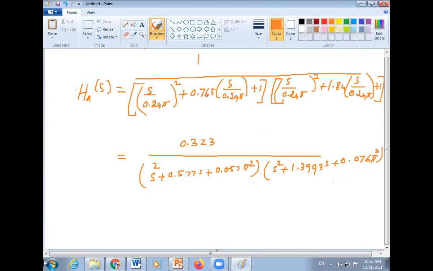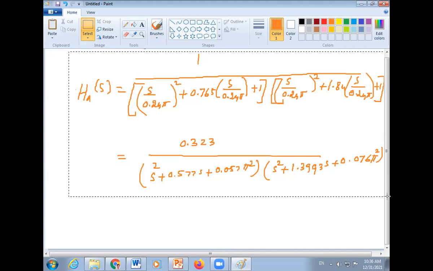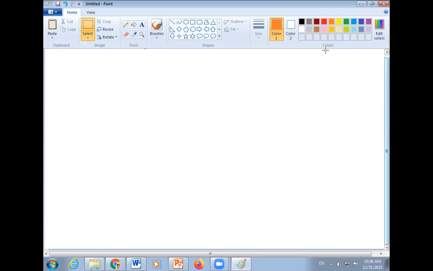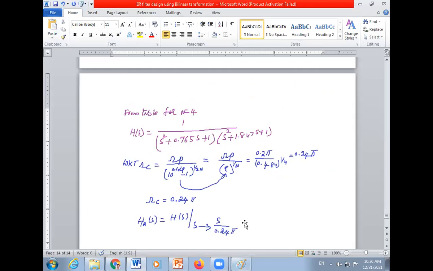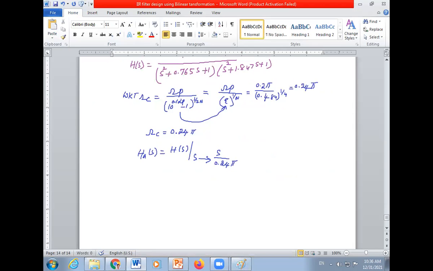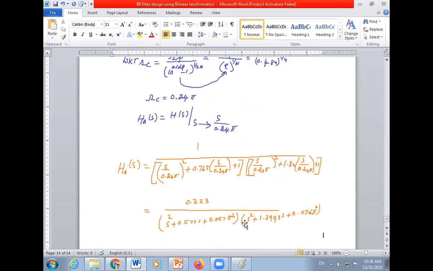So this is the analog transfer function that we have designed for the given specification. This is the way we solve the equations for designing a filter for different specifications.